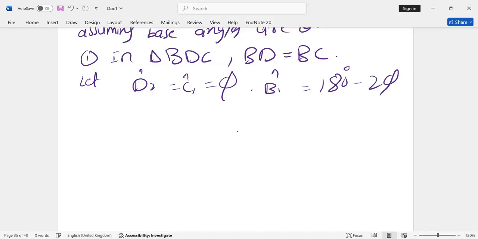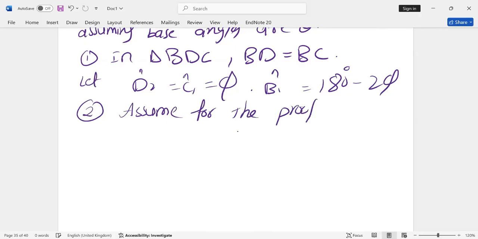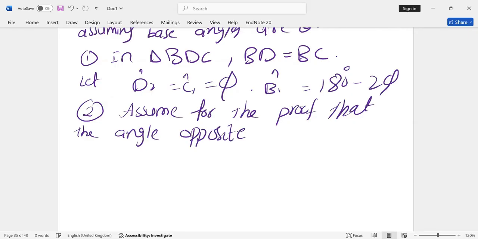So assume for the proof that the angle opposite DC is 180 degrees minus 2 theta.